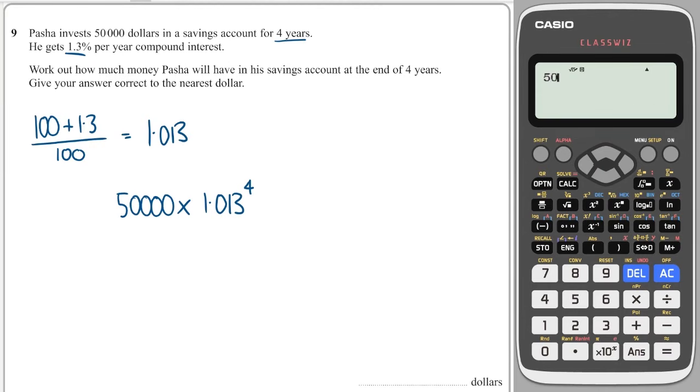So I press 50,000 in my calculator multiplied by 1.013 to the power of 4, which gives me 52,651 to the nearest dollar.